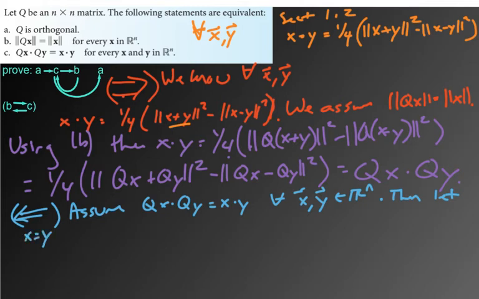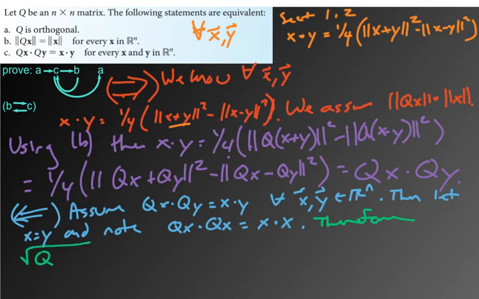So let x equal y, and basically note that we get Qx dotted with Qx equaling x dot x. Therefore, the square roots of these things should be equal, right? If these scalars are equal, then their square roots are.